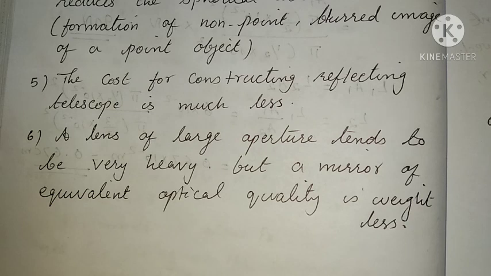The last point, a lens of large aperture tends to be very heavy, so it is difficult to make and support by its edges. But a mirror of equivalent optical quality is nearly weightless and can be supported over its entire back surface. Clear?